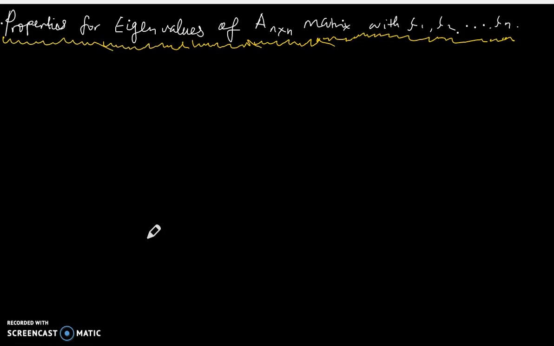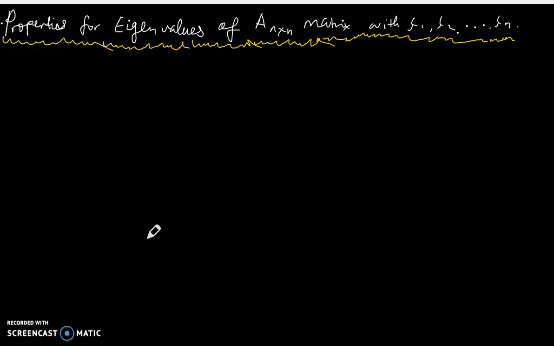And I want us to look at these properties because the properties will help us to find the eigenvalues and their corresponding eigenvectors. When we are not sure or aware of what the eigenvalue of a matrix is, it will be difficult for us to find its corresponding eigenvectors.